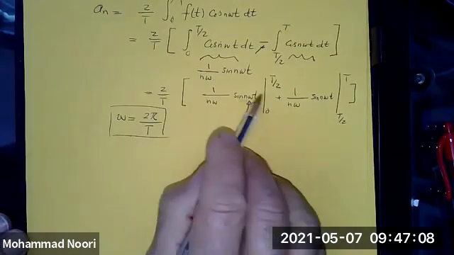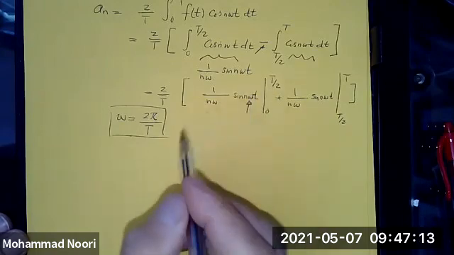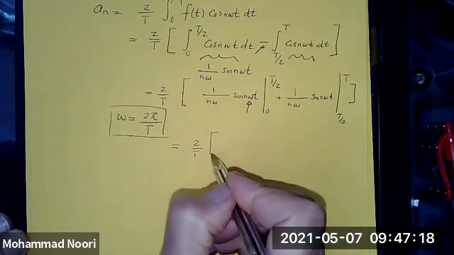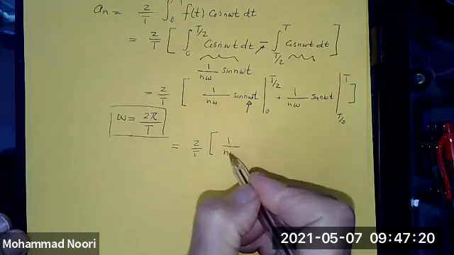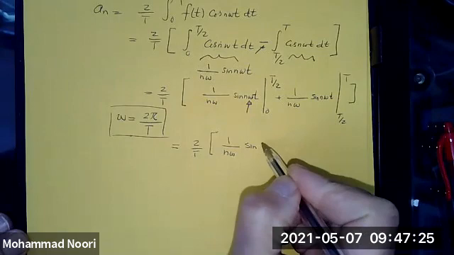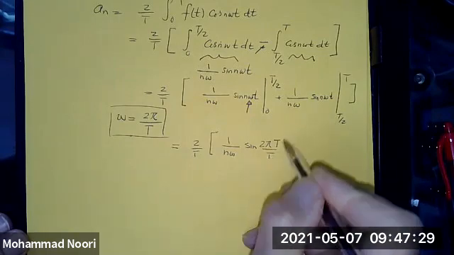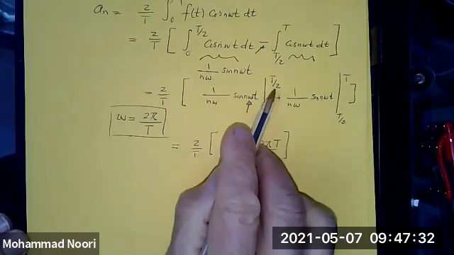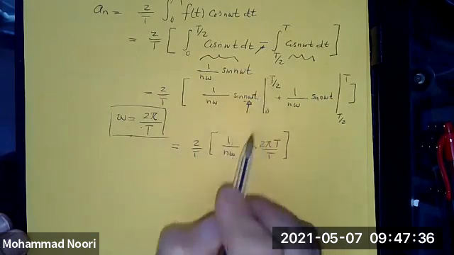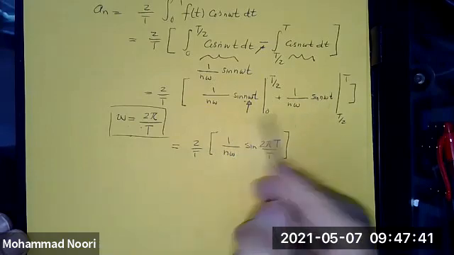So we just substitute for that and then put the value of T. If you do that, you end up with 2 over T times 1 over n omega sine of 2 pi t over T. When you substitute for omega here and perform that, same thing here, this is what you end up with.